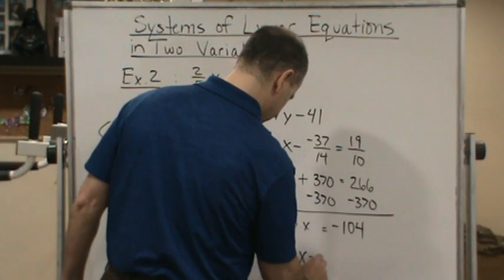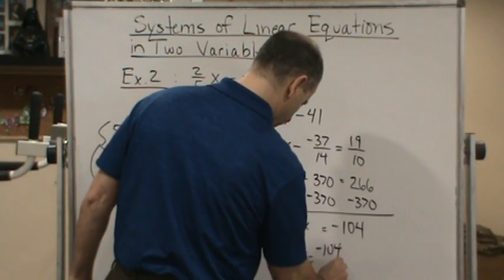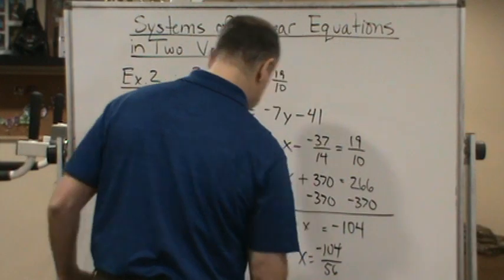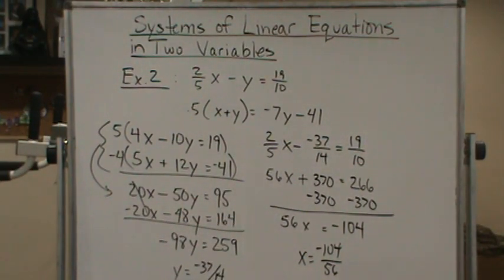And then x equals negative 104 over 56, and then that reduces. Let me see here.